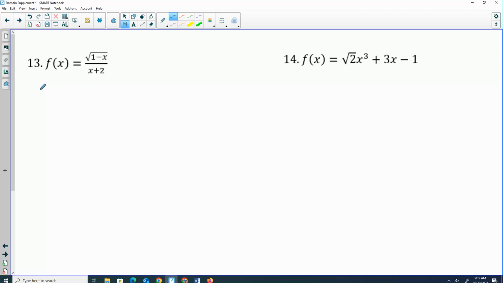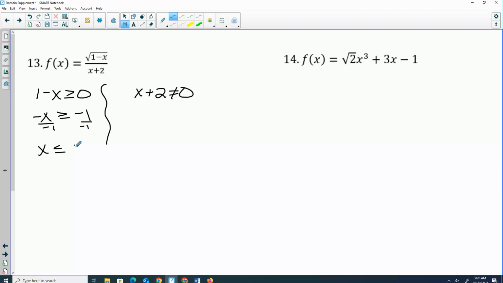The radical tells me the thing under my radical has to be greater than or equal to 0. The fraction tells me the denominator cannot be 0. Okay, so I have to worry about both of these here. If I'm solving this, if I subtract my 1, if I divide by a negative, what happens to the inequality? So I get x is less than or equal to 1.